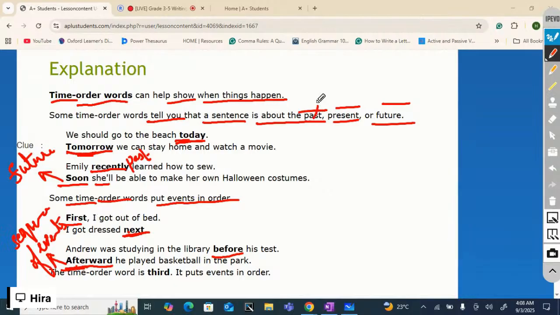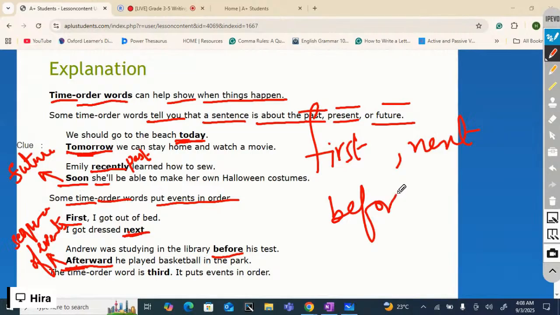So words like first, next, before, afterward, these are time order words.